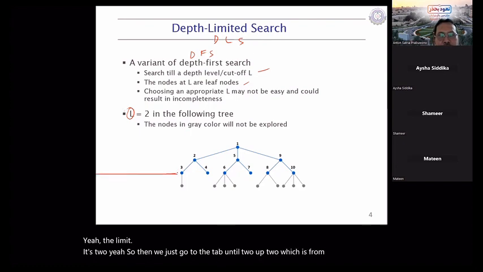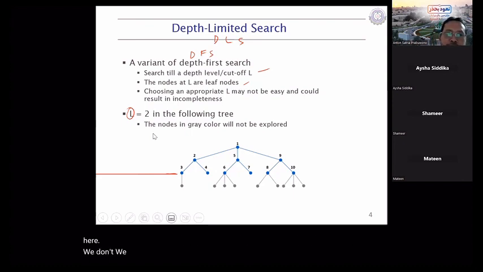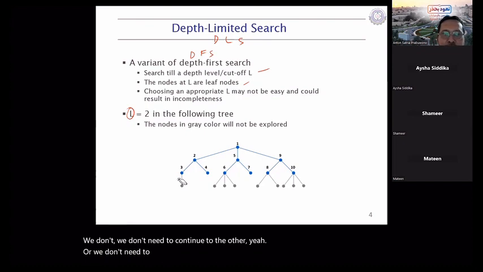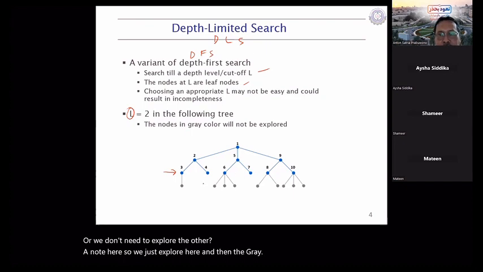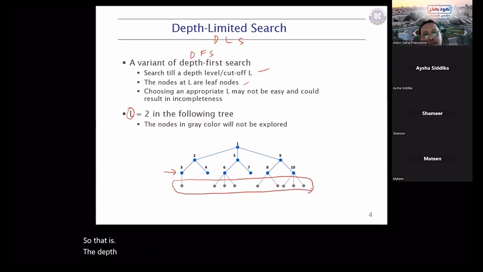We don't need to explore the other nodes here. We just explore here, and the gray nodes will not be explored. That is depth limited search.